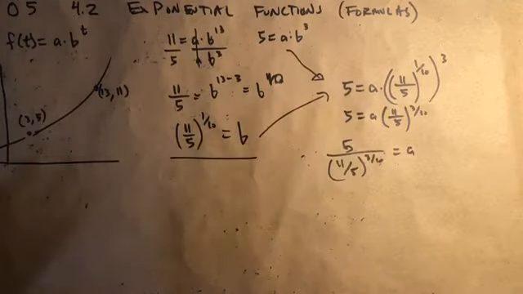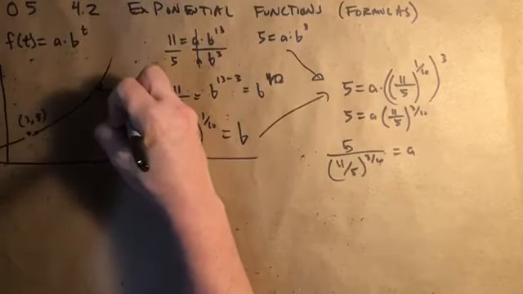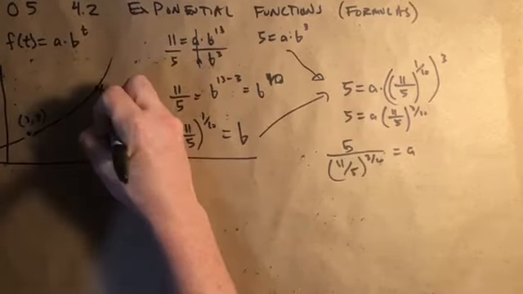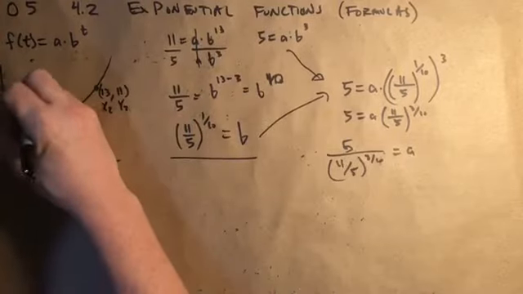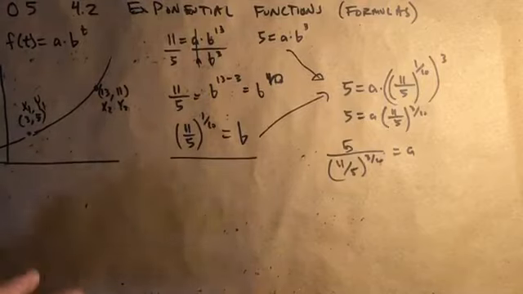Now, I want to point out a couple things here. That if I treat these as y2 and x2 and x1 and y1, I can make a formula for b. And I think that sometimes this is better to do.